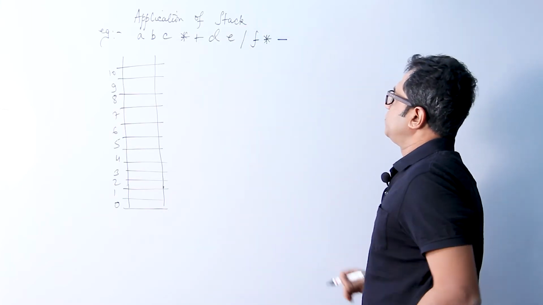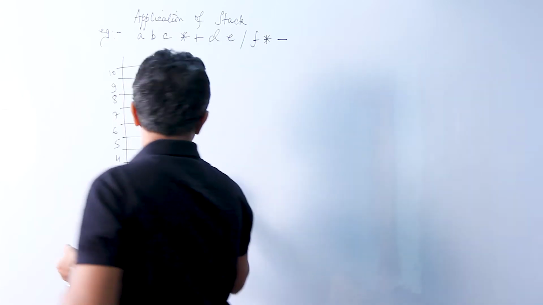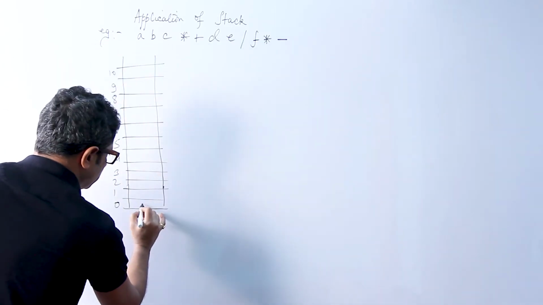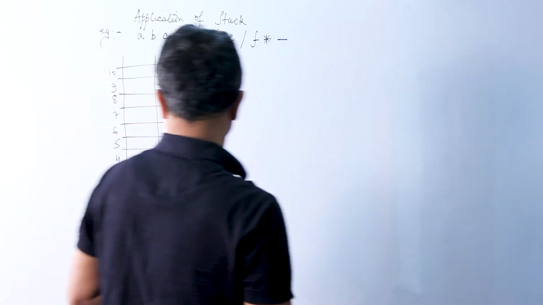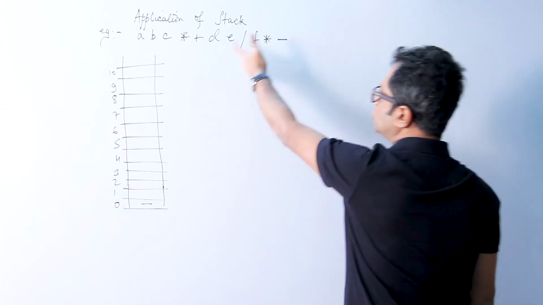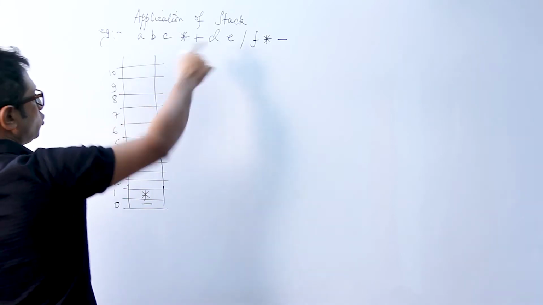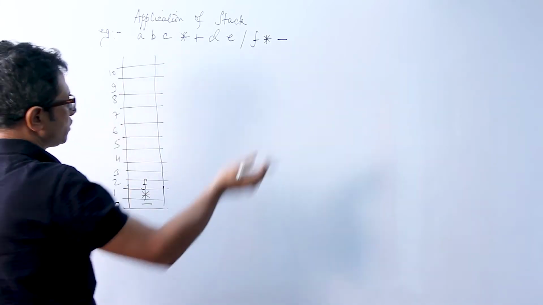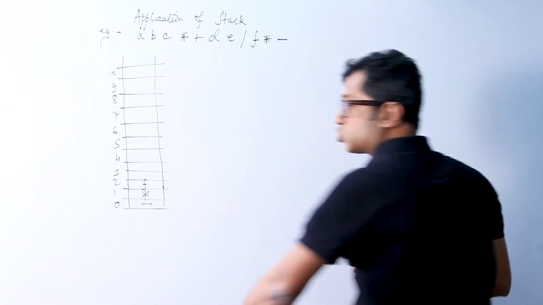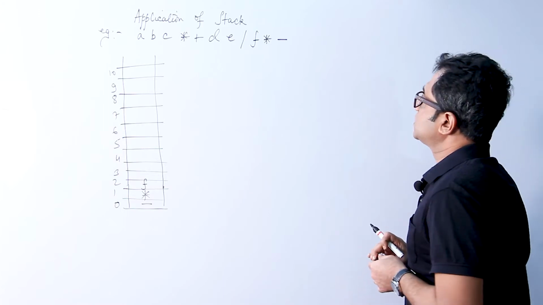And let me just do it for you. I will just push the minus over here, then I am going to push this star over here, then I am going to push F over here.